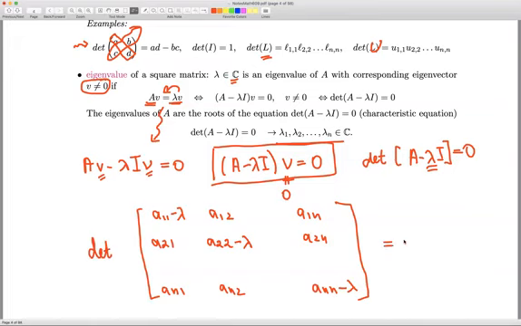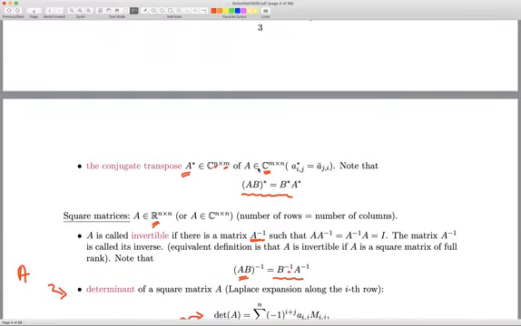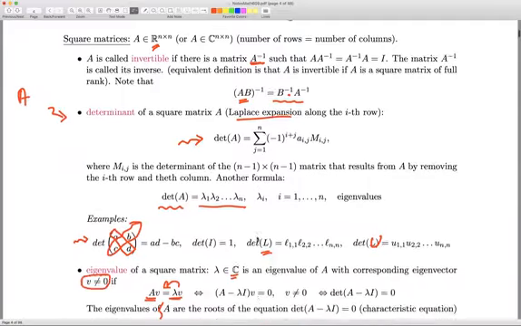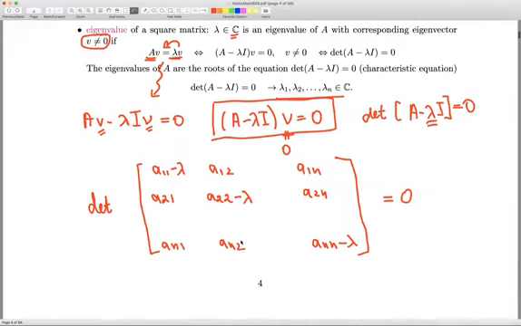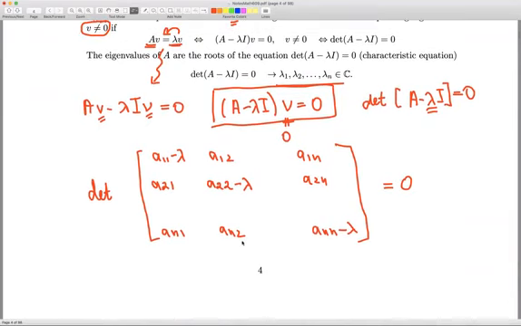However, if we use the rules, even for example this rule that I wrote here, the Laplace expansion, to compute this determinant, one finds out that if you write it down, you will end up with a polynomial of degree n, which is called the characteristic polynomial corresponding to the matrix A with respect to lambda.